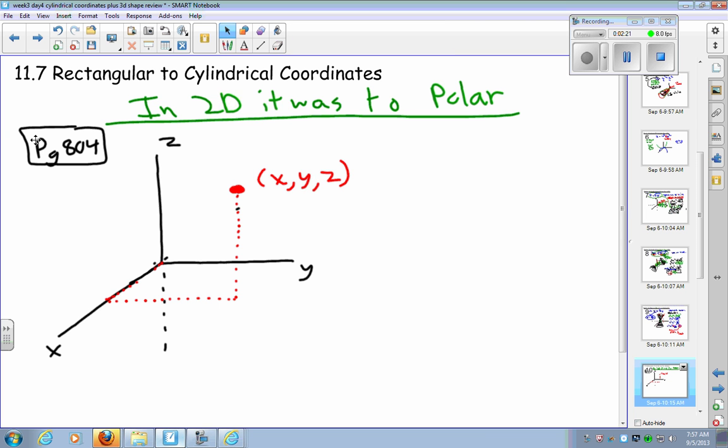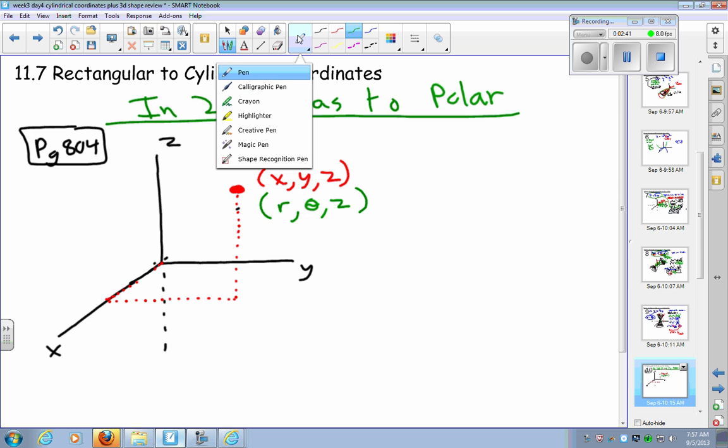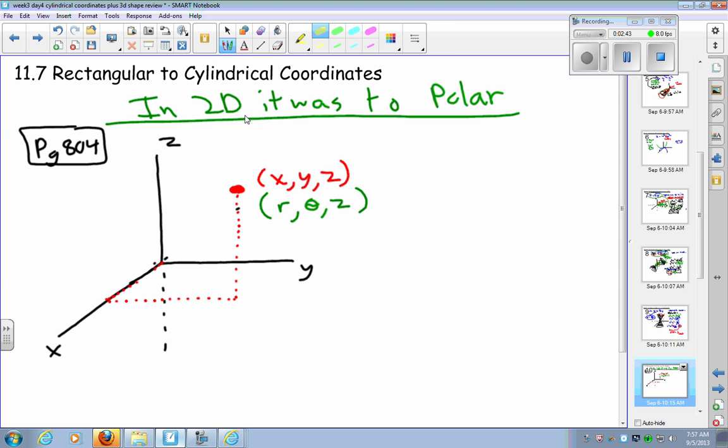that same point defined in cylindrical is, you've seen this guy before, r theta z. Now the nice part about this is you have done in 2D things into polar.